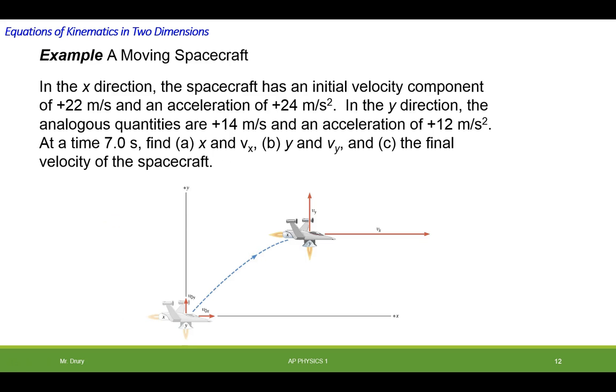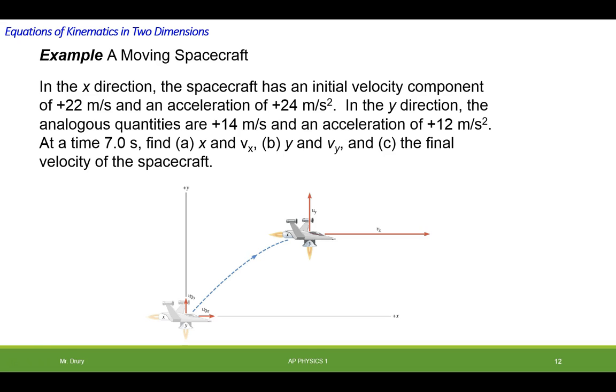In the x direction, the spacecraft has an initial velocity component of 22 meters per second and an acceleration in the x of 24 meters per second squared. And in the y direction, the analogous quantities are 14 meters per second and 12 meters per second squared.